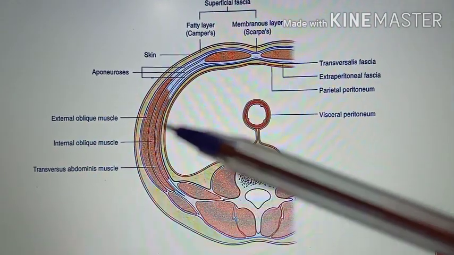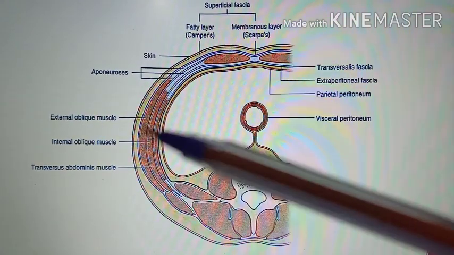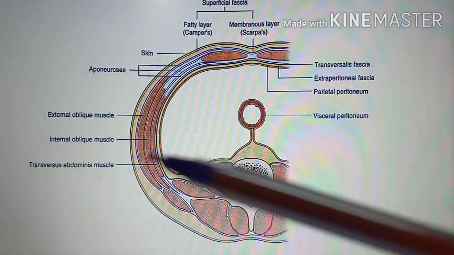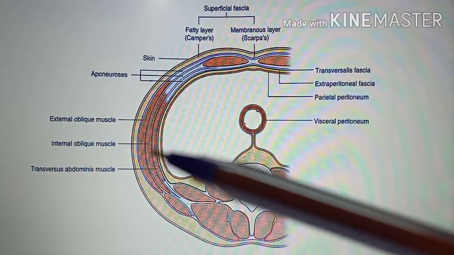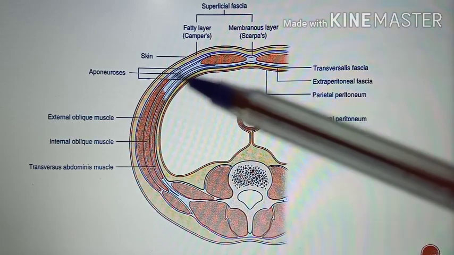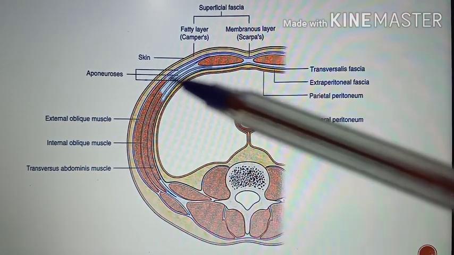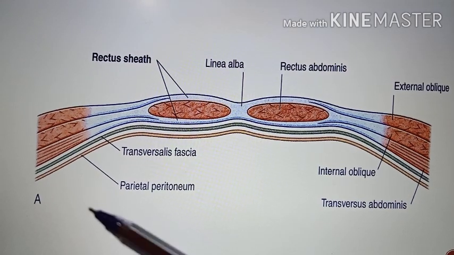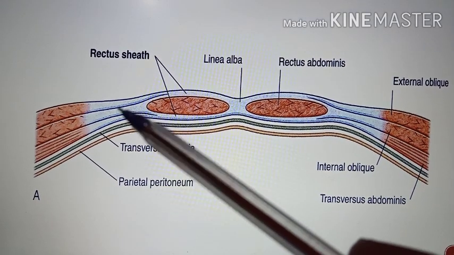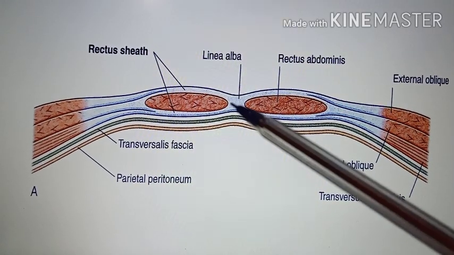These 3 flat muscles are fleshy posterolaterally. You can see the muscle is bulky posterolaterally and aponeurotic anteromedially. This is the aponeurosis formed by the muscle. This enlarged view shows the aponeurosis of all these 3 muscles, then the rectus abdominis muscle.